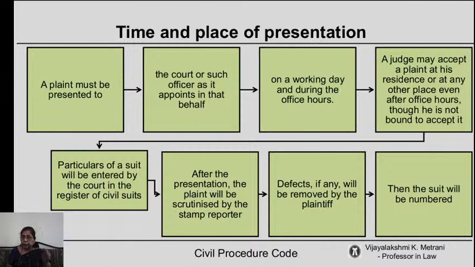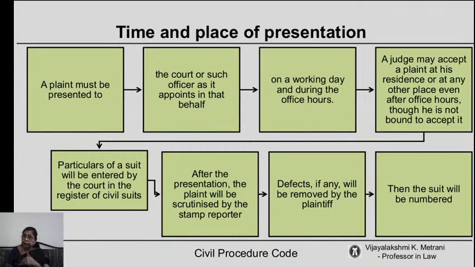The officer gets the number done, and gets the signature of the judge of that particular court. Suppose you are filing before the civil judge, junior division, and in the junior division there are 10 courts.